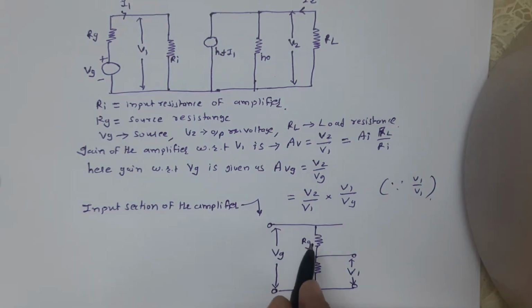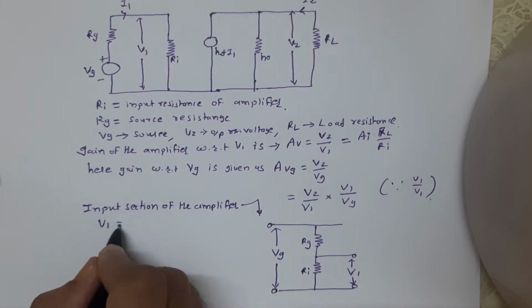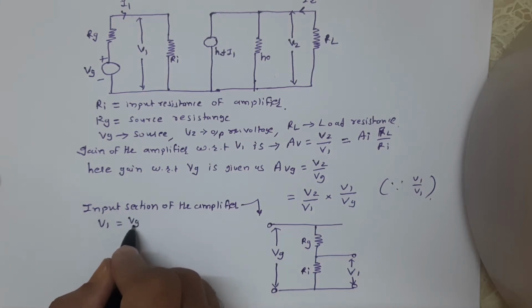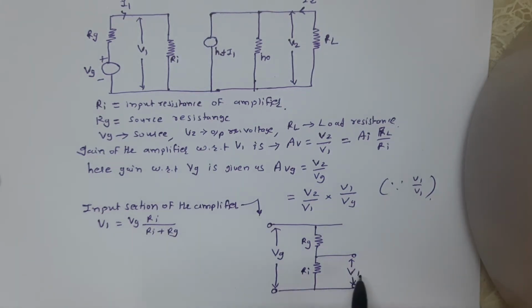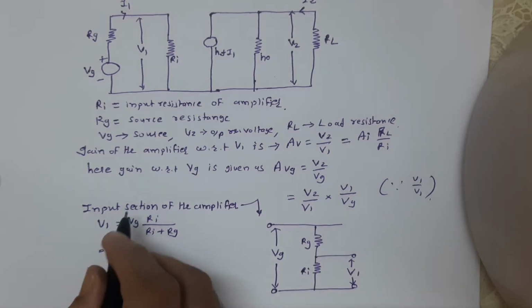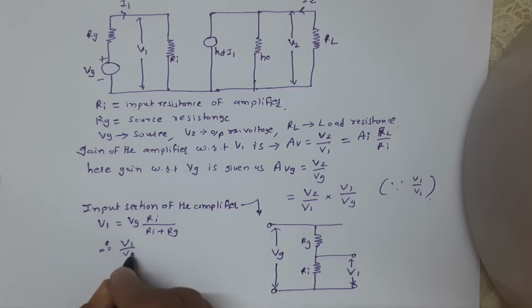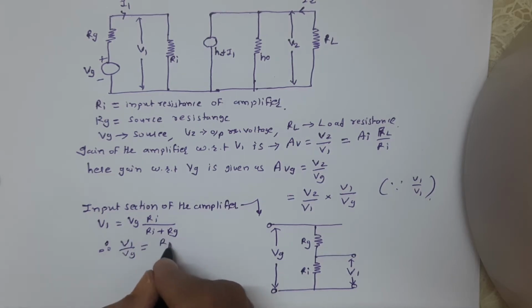So from this figure we can write V1 is equal to Vg Ri upon Ri plus Rg. Simple law. Therefore V1 upon Vg is equal to Ri upon Ri plus Rg.